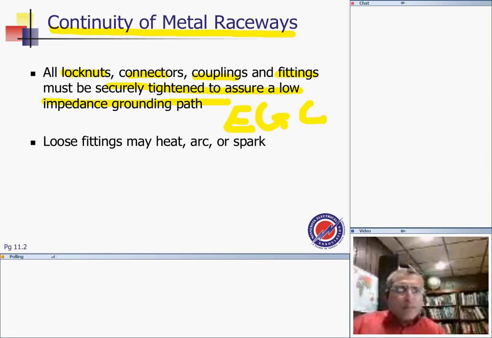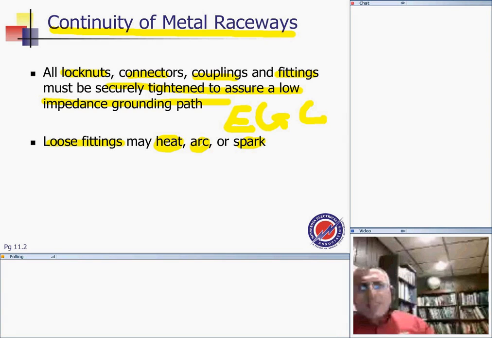Loose connectors: what's going to happen? You're going to create heat, arcs, and sparks. You might have a loose connector forever and nothing will happen, ever, and it only matters if you have a short circuit or a ground fault, which we could. If the system is working and you don't have a ground fault or a short circuit, nothing will happen because that conduit is not carrying any current, right?